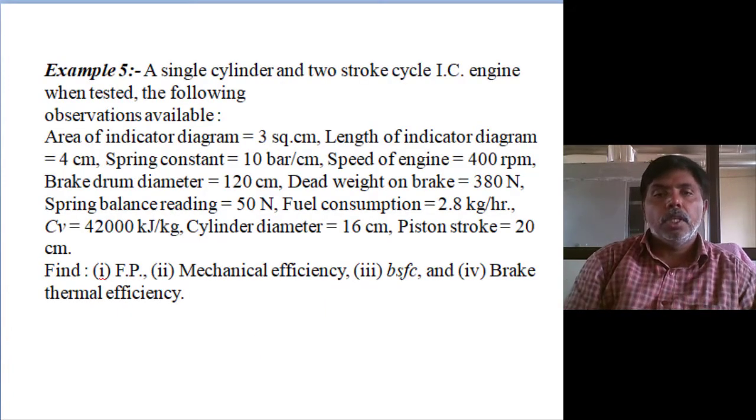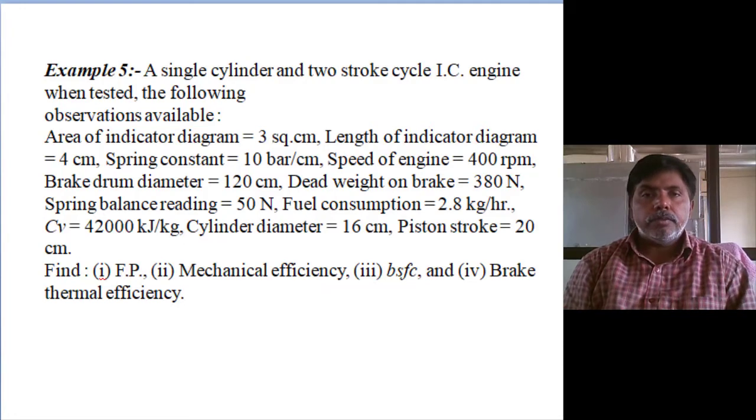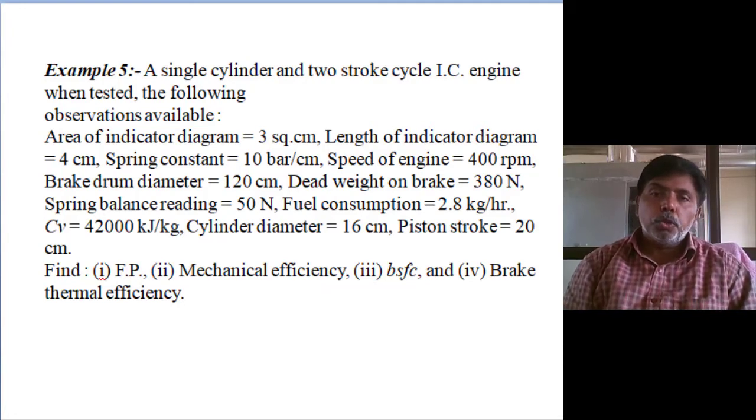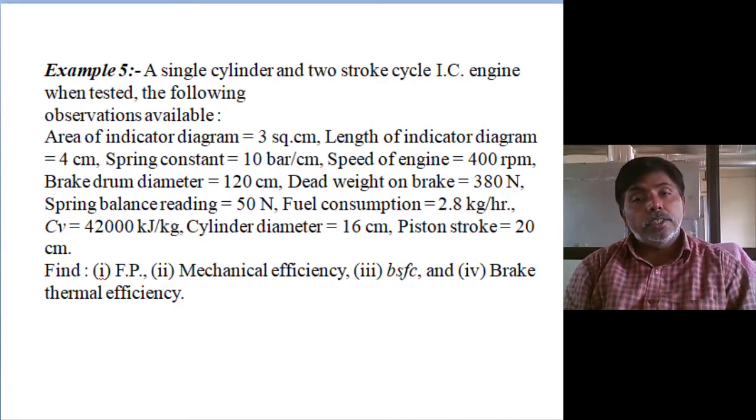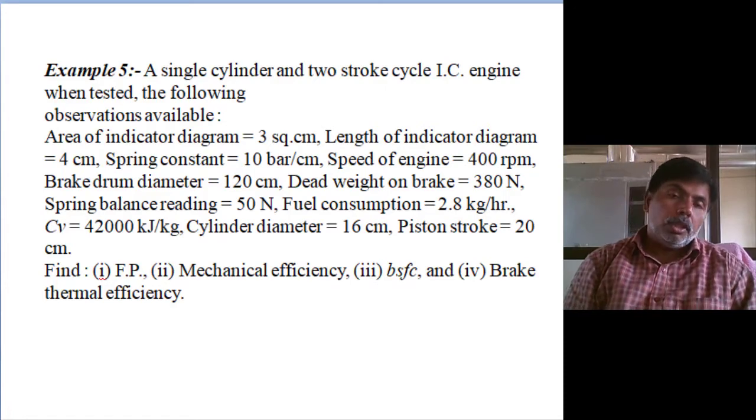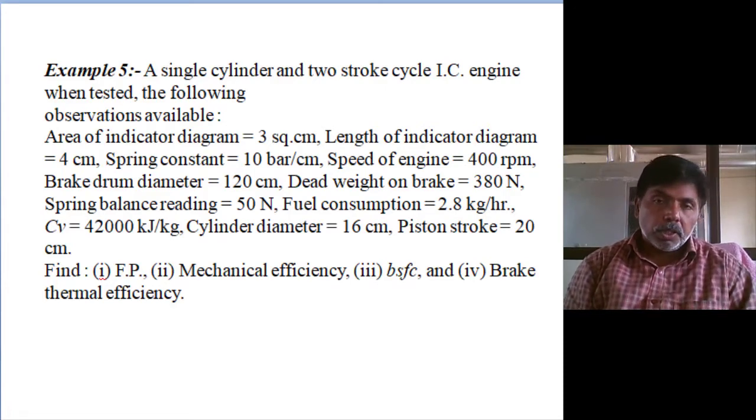First problem: a single cylinder, two-stroke cycle internal combustion engine. When tested, the following observations are available. Number of power strokes per revolution is 1, number of cylinders is 1, so there is no issue.